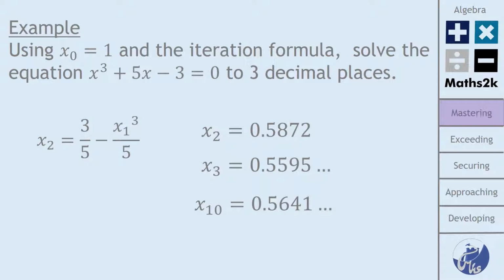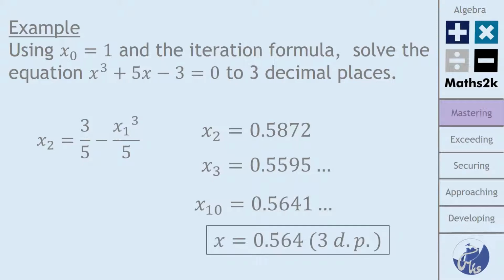We got 0.5641, and then there were more digits afterwards, but that 1 wasn't changing now. And so at which point I decided I know that I can get this to 3 decimal places now. Typically once the 4th decimal place is settled and is becoming a bit more of a fixed value, you can then give your final answer to 3 decimal places.